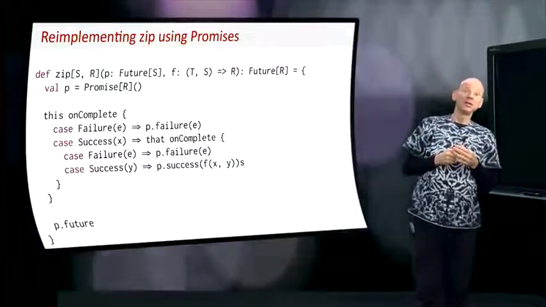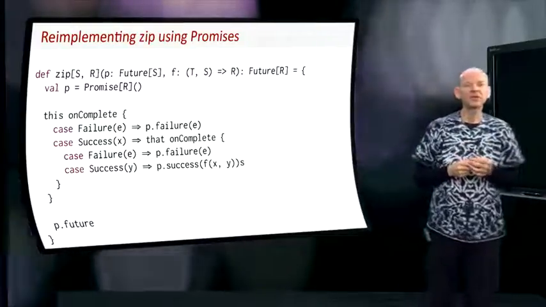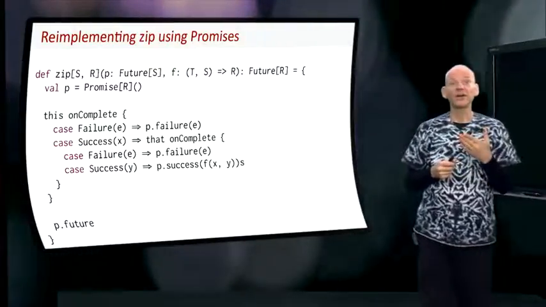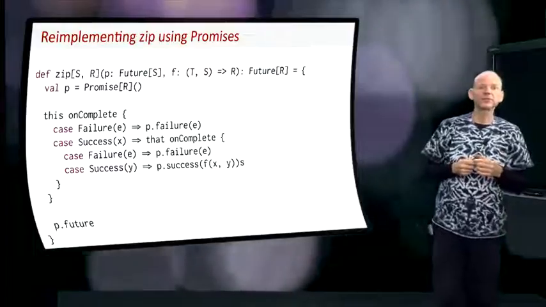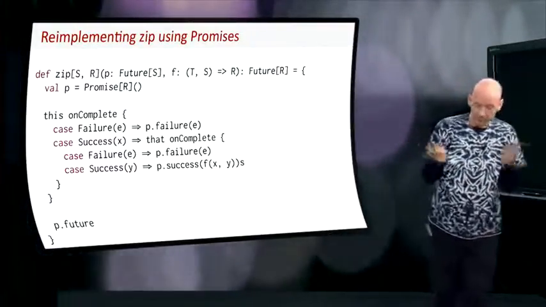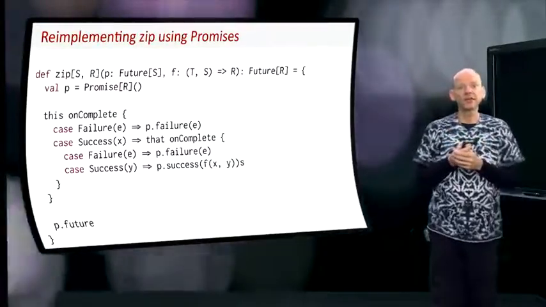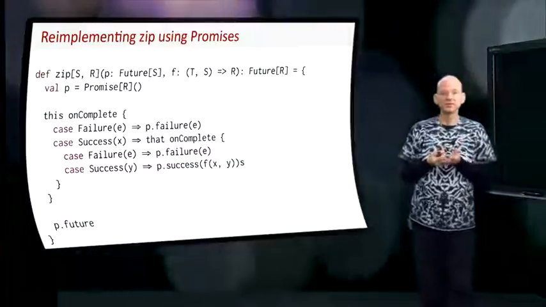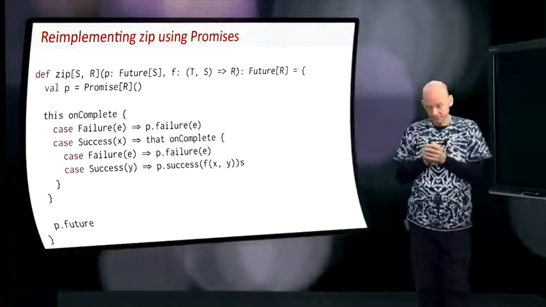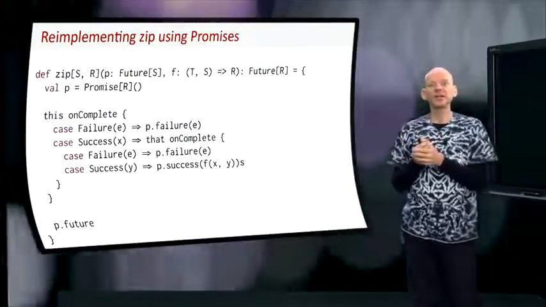So what do we do? We allocate a new promise, a promise of R. Then we wait for this to complete. If it fails, then we complete the promise with a failure. If it succeeds, then we look at what the other future does.